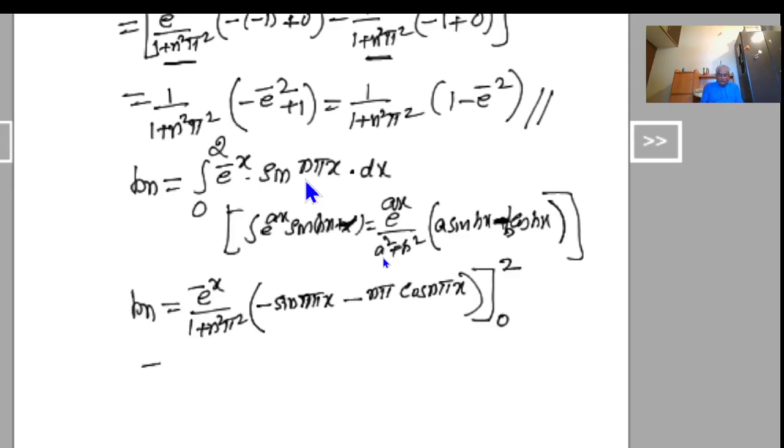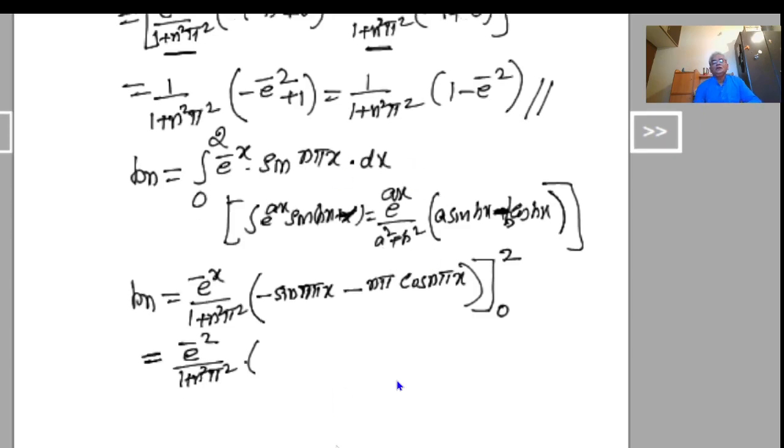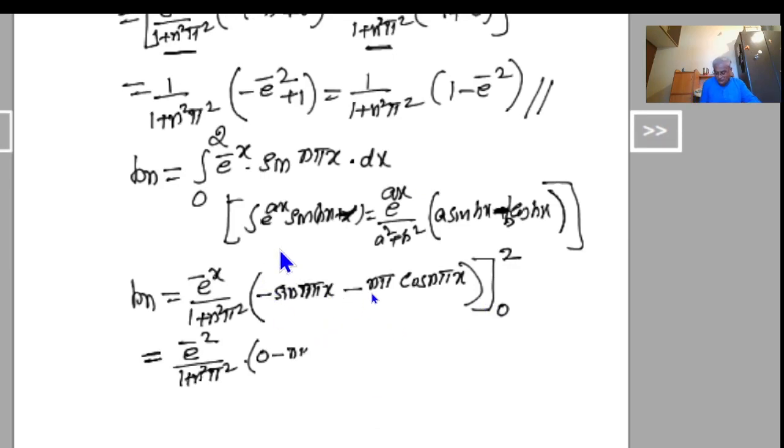Now substituting the upper limit, x is equal to 2, we get e power of minus 2 divided by 1 plus n squared π squared into, if you put x equal to 2, this becomes 2nπ. Sine of 2nπ value is 0, minus nπ into cos of 2nπ, which is minus 1 to the power of 2n, equal to plus 1.